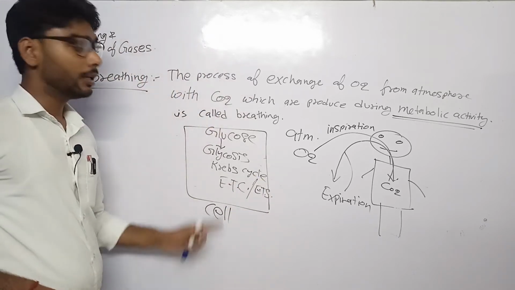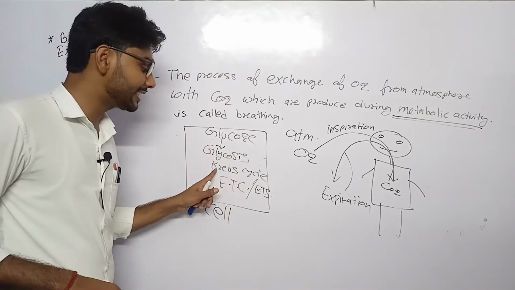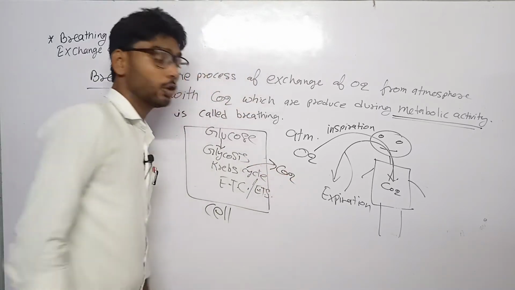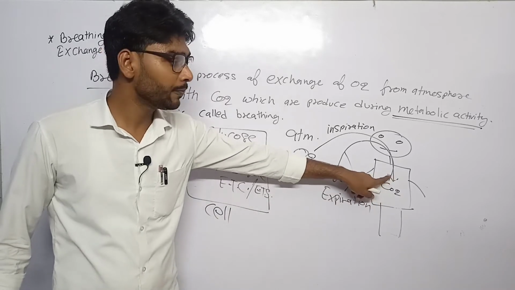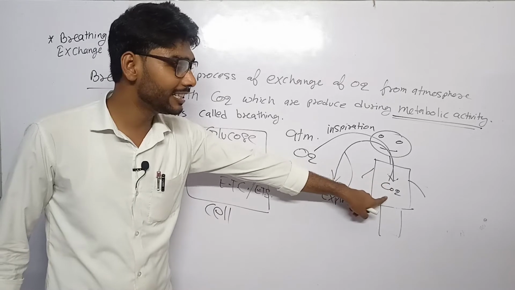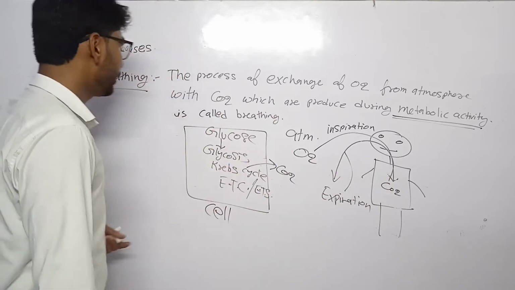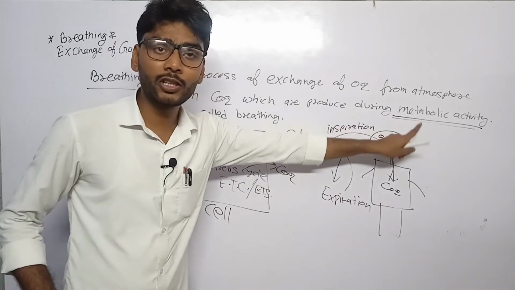The byproduct released by glycolysis, Krebs cycle, etc. is carbon dioxide. This carbon dioxide reaches the lungs of the person, and by the process of exhalation the person releases it into the environment. So we know carbon dioxide is produced by the metabolic activity of the person.